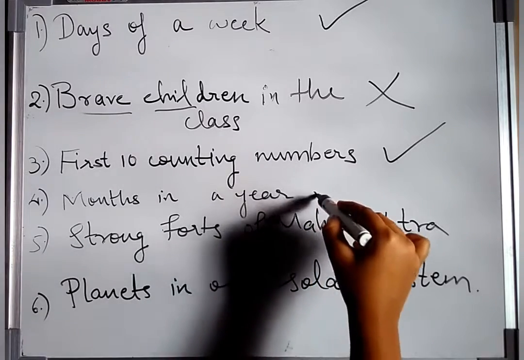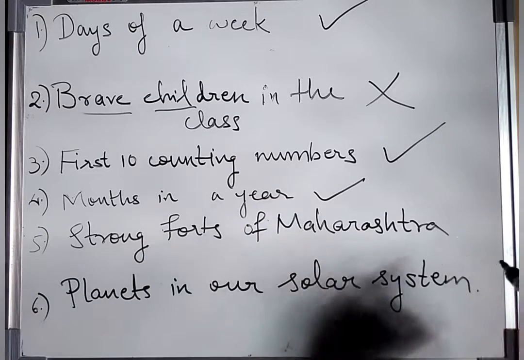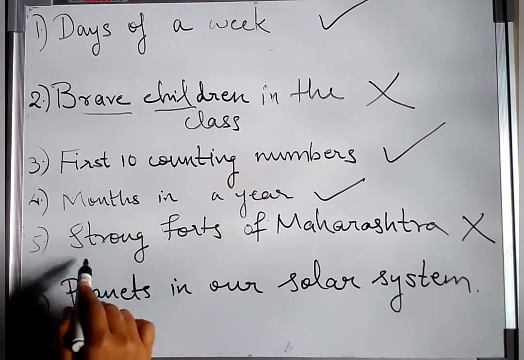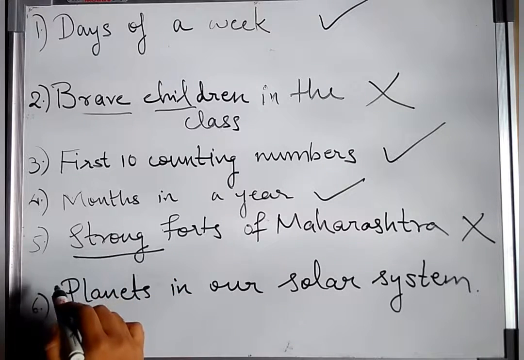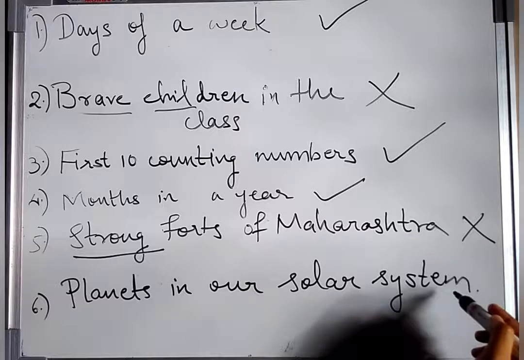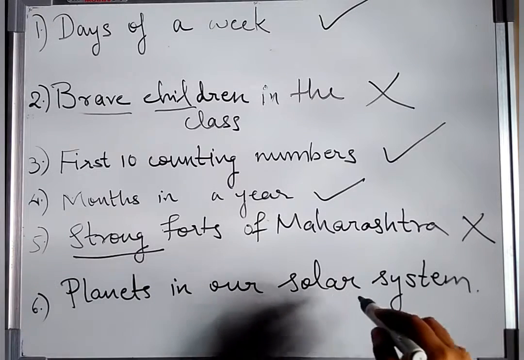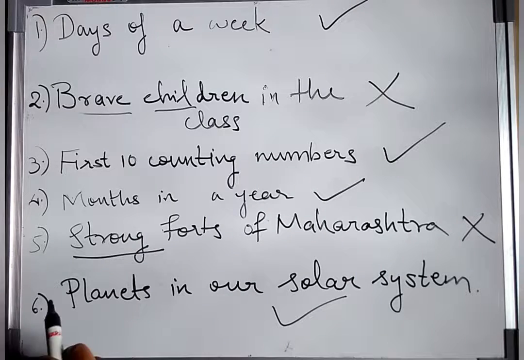Again, months in a year will definitely form a set. Strong forts of Maharashtra will not form a set because here they are talking about the strength of the forts. That is not a clear idea. Planets in a solar system again will form a set.